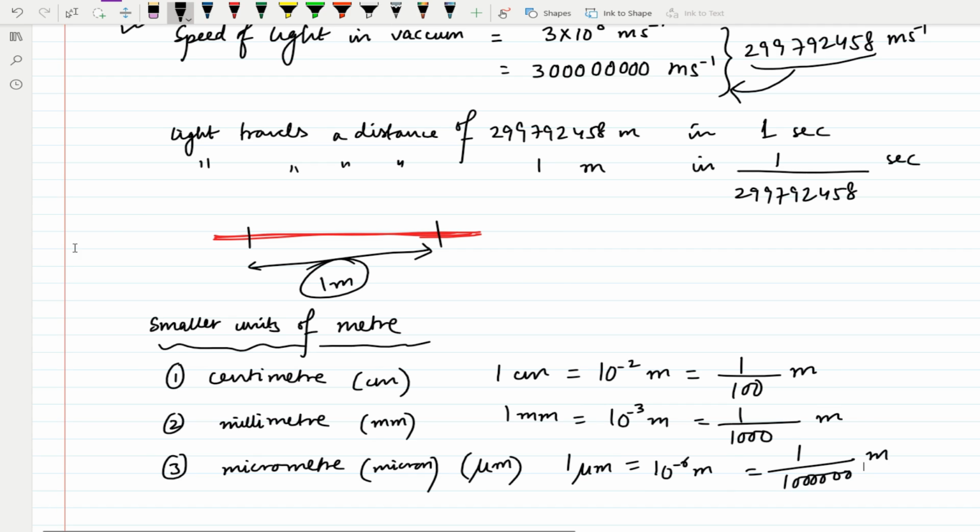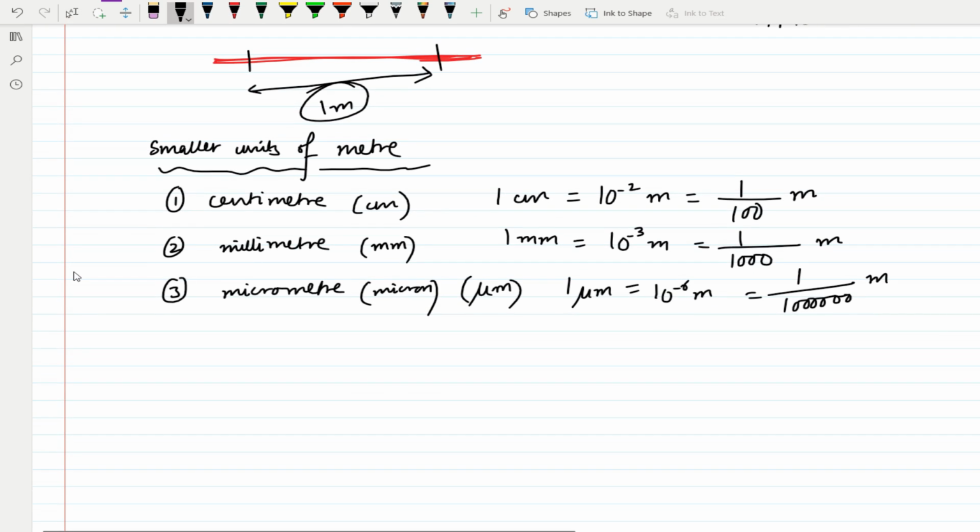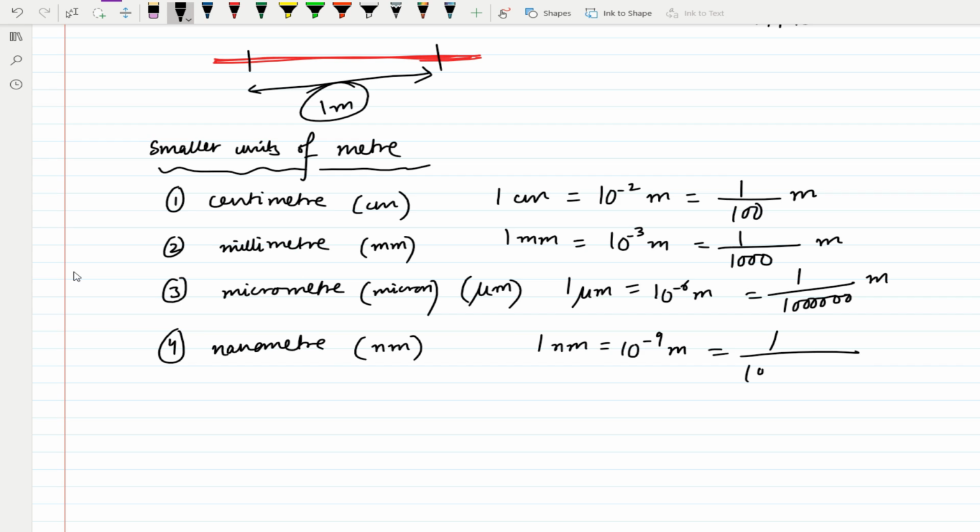Okay, the next one is nanometer, denoted by nm, and 1 nanometer is equal to 10 to the power minus 9 meters, and you know how to write this with 9 zeros.